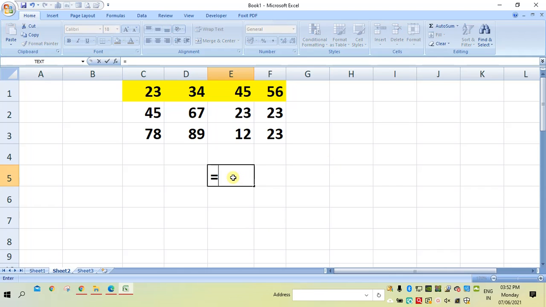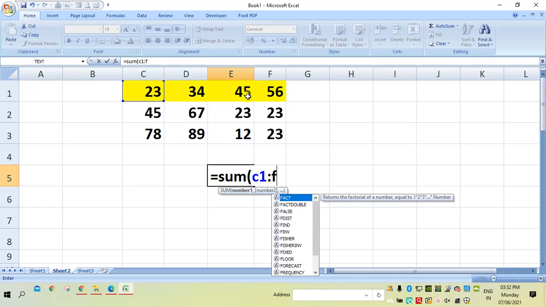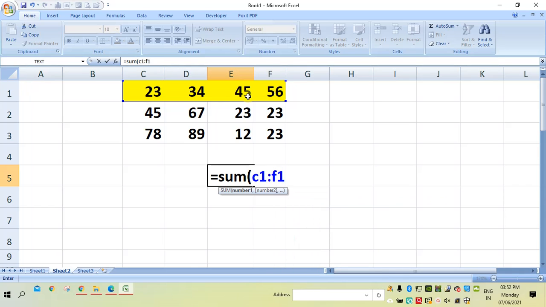I specify the range. The range is C1 colon F1, bracket complete. This will take the entire row. This is what is called a range.